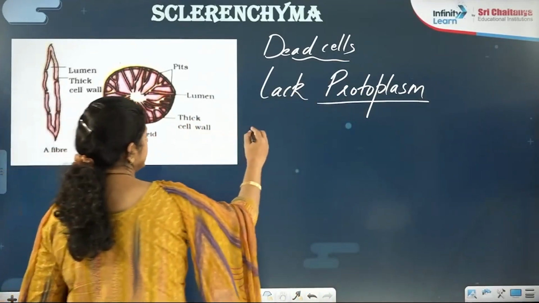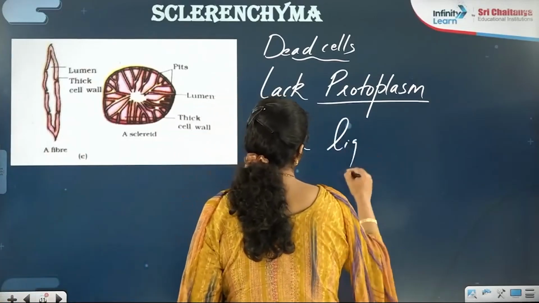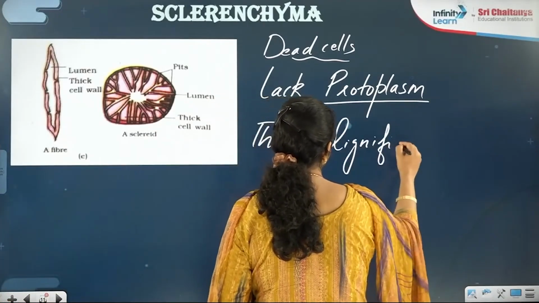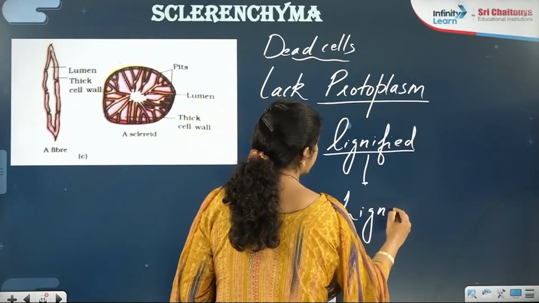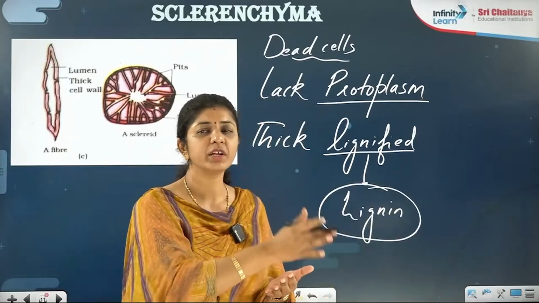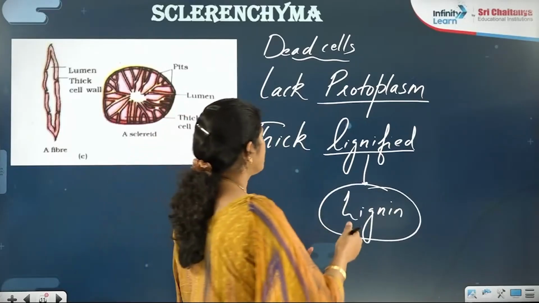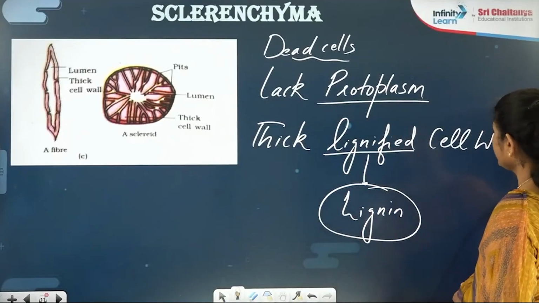And they are having thick walls, thick lignified, means extra thickenings are there due to what thing? Lignin. Lignin is such a material, when you keep on depositing on that, it makes the wall so much thick. Lignified cell wall is present over there.